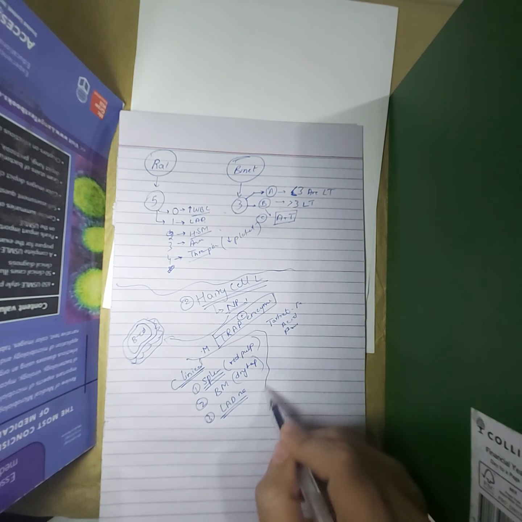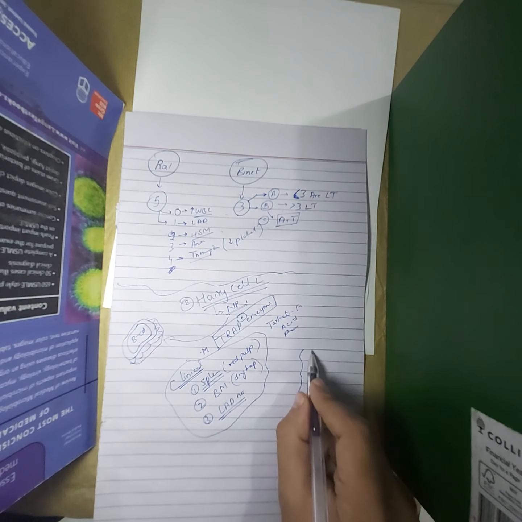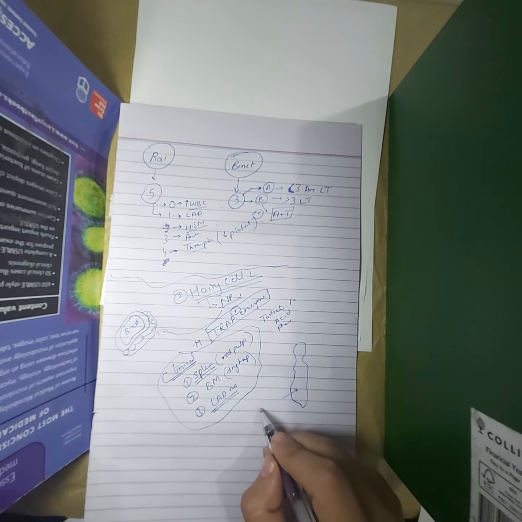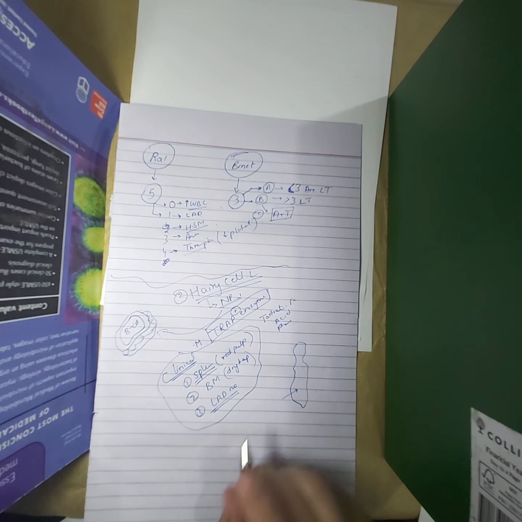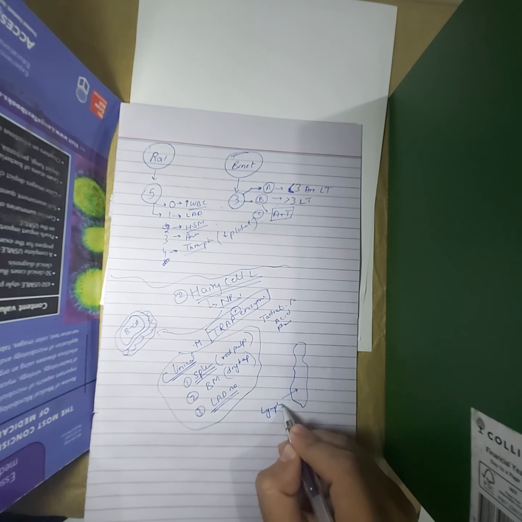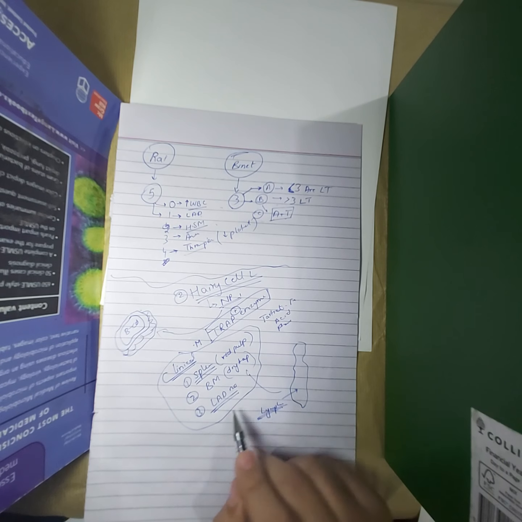I will explain the clinical here: what is meant by the dry tap? Dry tap means that if we take a bone marrow aspiration, there will be no lymphocytes, hence the name dry tap.